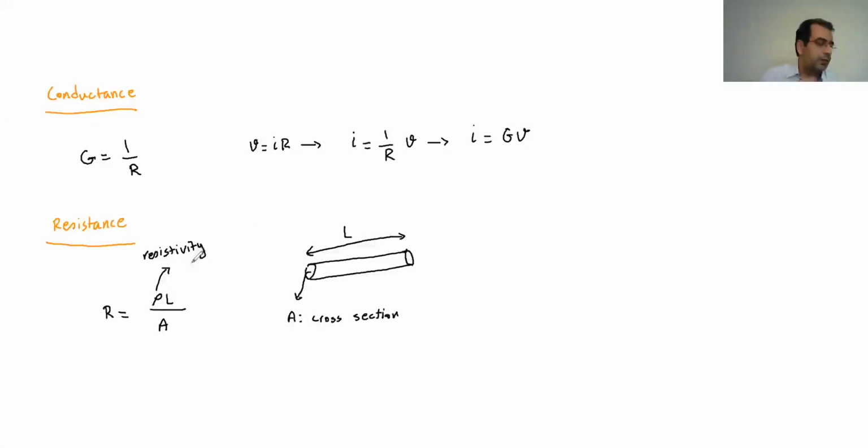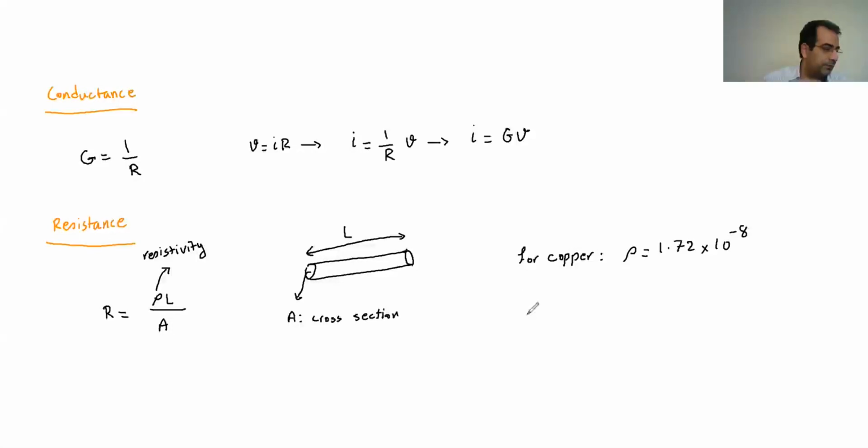For example, for copper, rho is equal to 1.72 times 10 to the negative 8. As you see, it's a very small value. That's why copper is used for wiring, because it has very low resistance for the current.